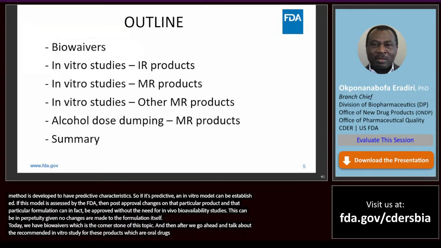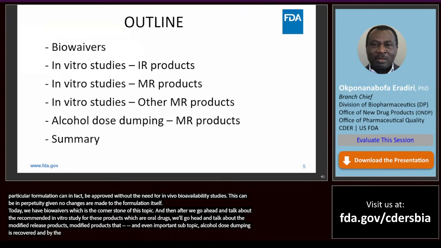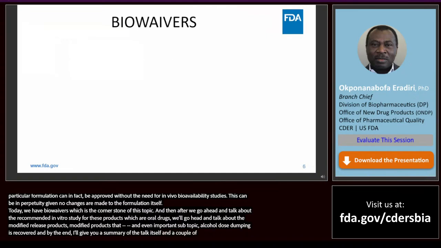Then we'll talk about other modified release products, that is, modified release products that are not tablets, capsules, or suspensions. And then a very important subtopic, alcohol dose dumping, will also be covered. At the end, I'll give you a summary of the talk and a couple of take-home messages within the summary.